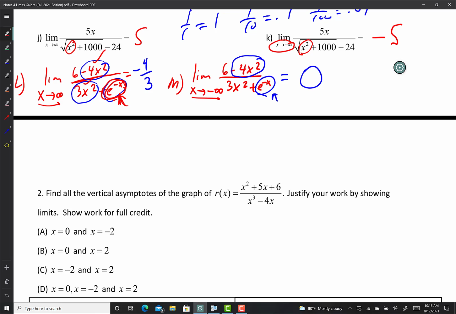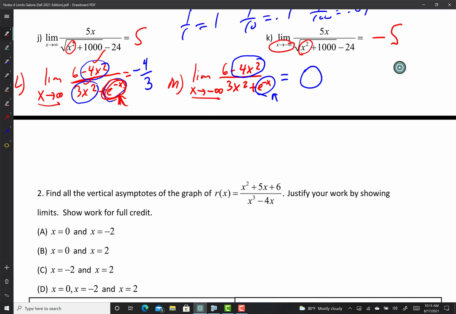Hypothetically, if you had x approaching positive infinity, and then you had just e to the x, not e to the negative x, would the e to the x be bigger than any polynomial? Yes. If you're talking about what's growing faster, yes.